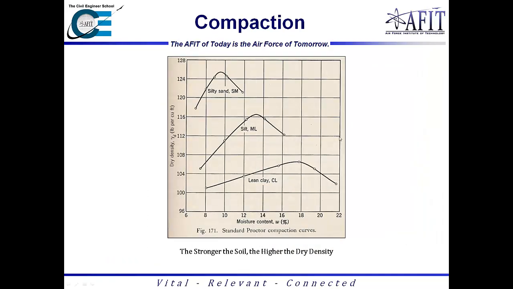And so as I kind of alluded to earlier, the different types of soils that you're going to use are going to have different dry unit weights as well as different moisture contents. So with the clay, you tend to have a dry unit weight kind of down here. You move up to silt, you're going to be a little bit higher, and then you move up to silty sand, and then eventually you move up to gravels and whatnot, and you'll be having lower water content with high dry unit weights.